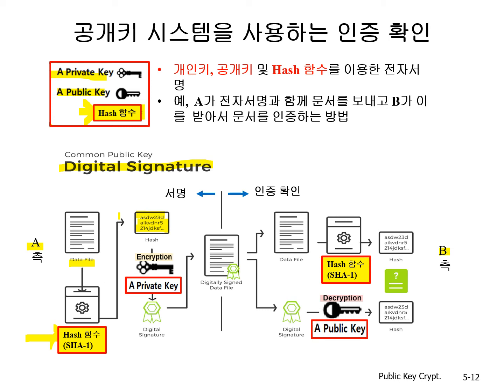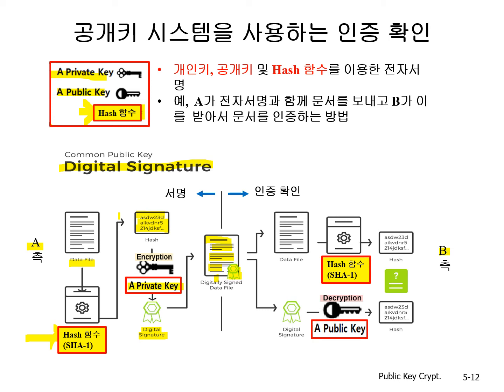Then she encrypts this message digest using Alice's private key. That is called the digital signature. Alice attaches the digital signature to the data file and sends it to Bob.